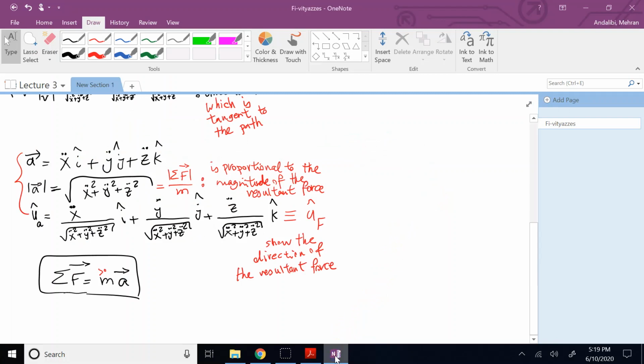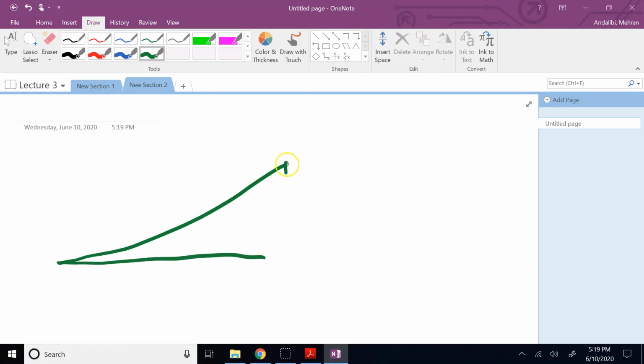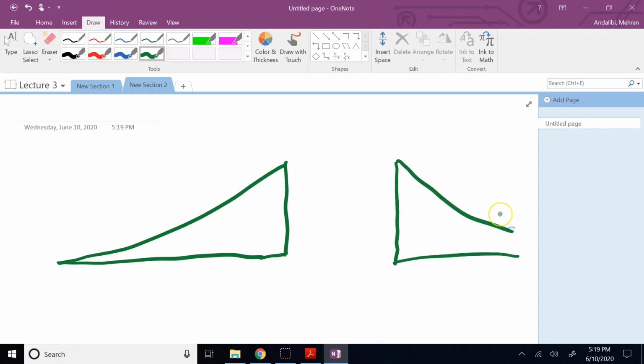One example is, let's say you are the designer, the engineer for a stunt person. This stunt person is going off a ramp, and he wants to fly over a big gap and land on the other side.